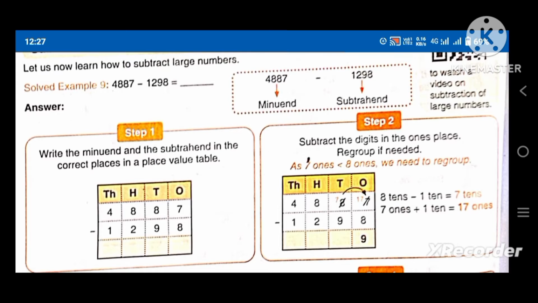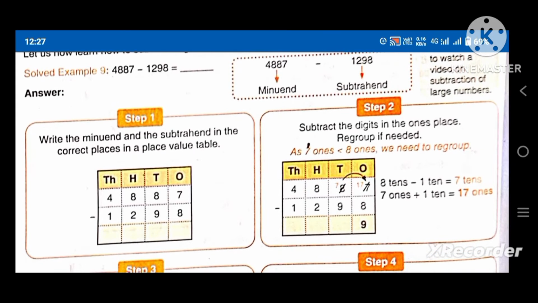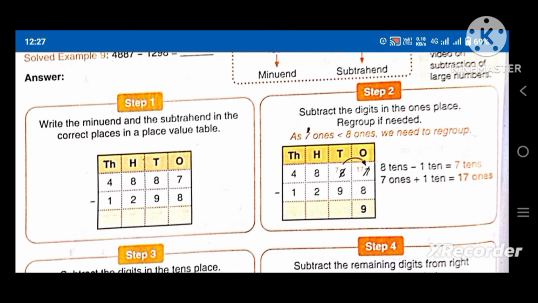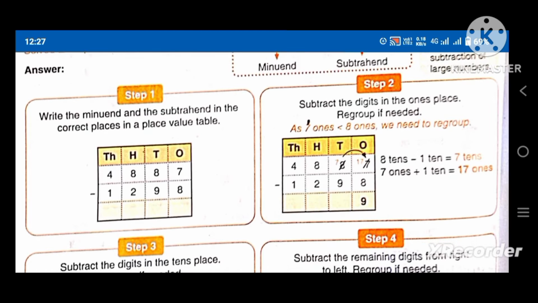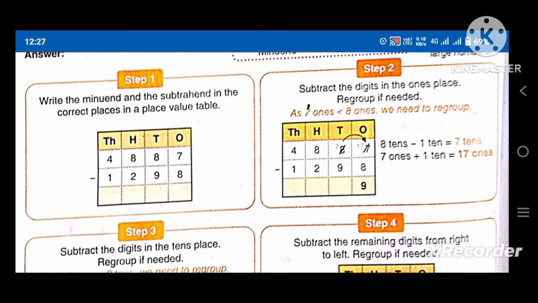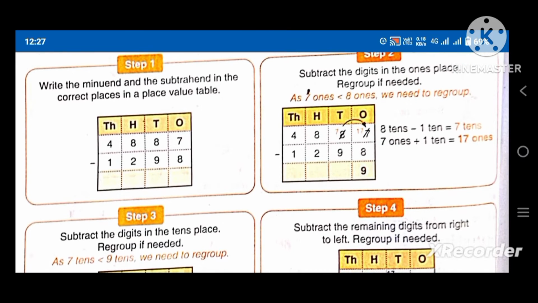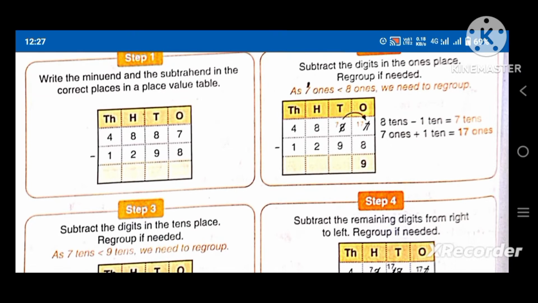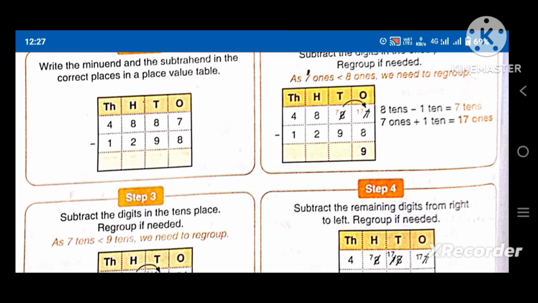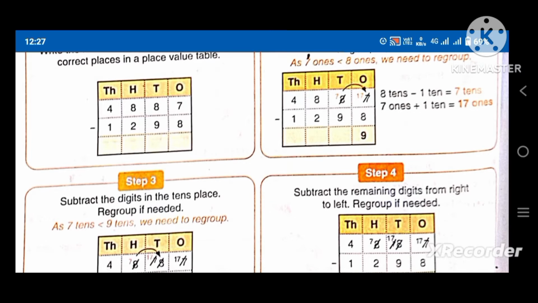Solved example 9. 4887 minus 1298 is equal to dash. Answer: Step 1, Step 2, write the minuend and the subtrahend in the correct places in a place value table, and then subtract the digits, regroup it.